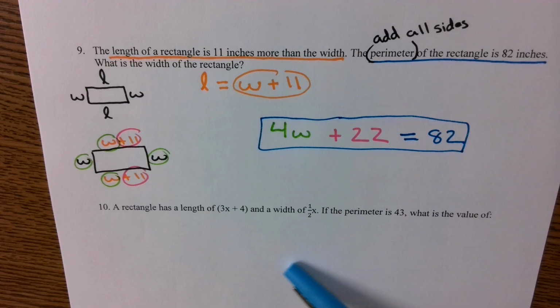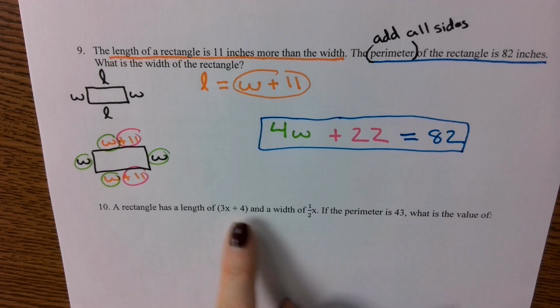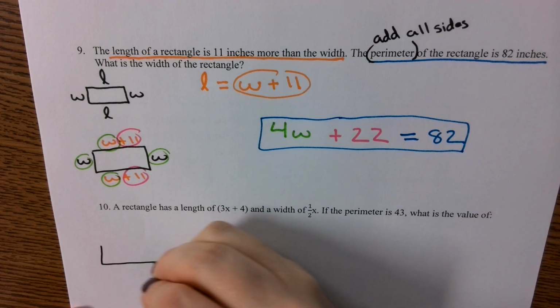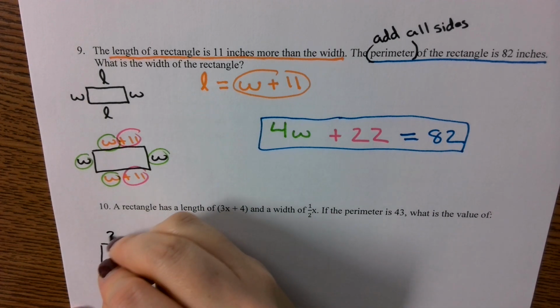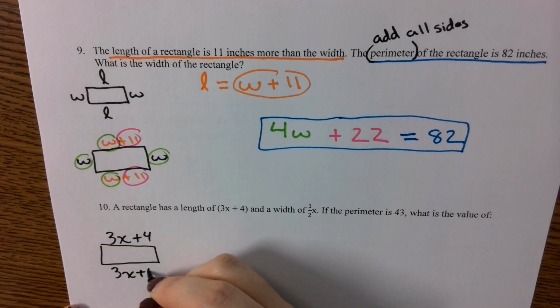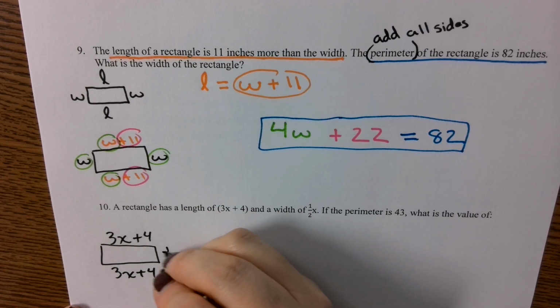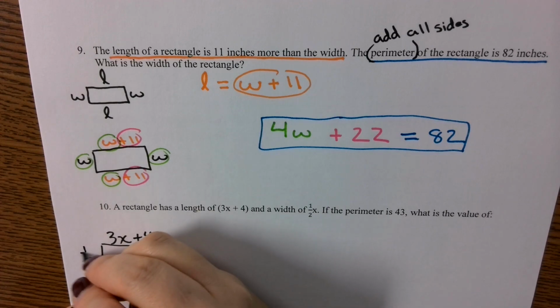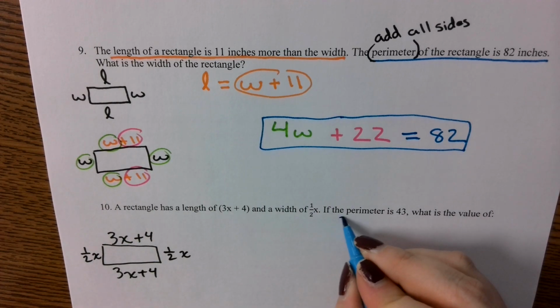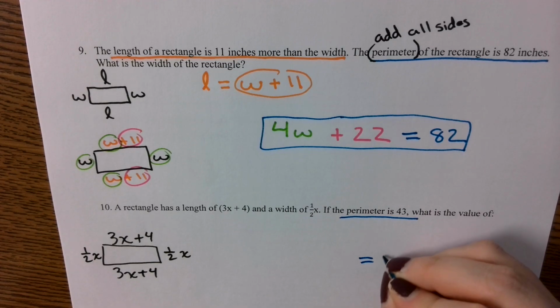Okay, here's another one. This time they're actually giving me what expression represents the length and what expression represents the width. So I can fill those in. I can say, okay, my length is 3x plus 4, which means it's 3x plus 4 on this side as well. My width is a half x, so it's a half x on the other side as well. And I know that I'm setting the whole perimeter equal to 43.